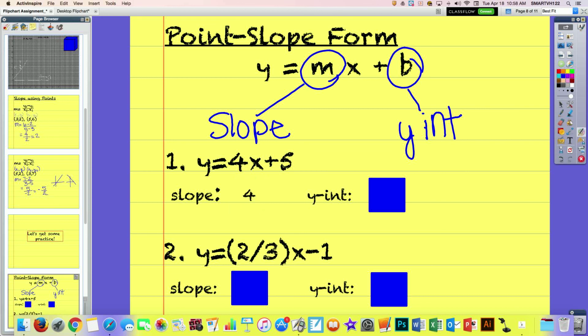Yep. And the y-intercept? 5. And then what's the slope for this one? 2 over 3. 2/3. And then the y-intercept? Minus 1. Yep. -1.